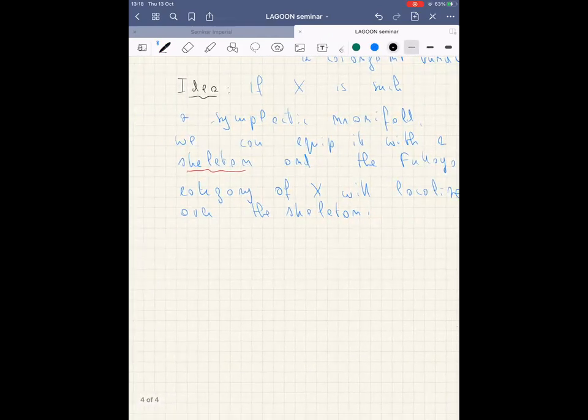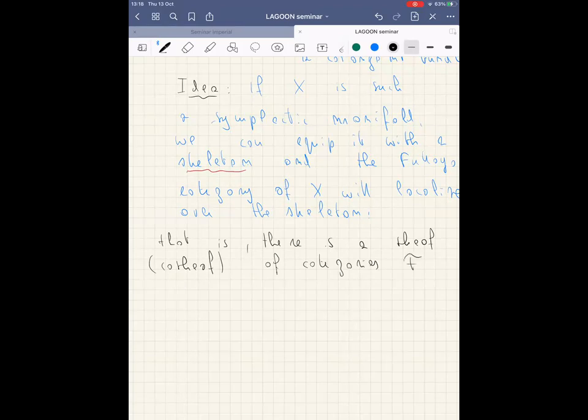It means that there is a sheaf, or rather cosheaf, of categories F on gamma. So let's call the skeleton gamma, having the following properties.